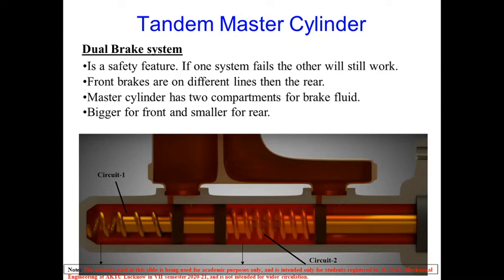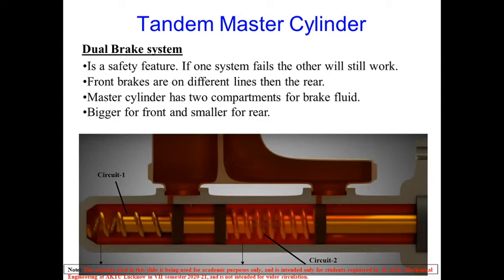We can see that there are two circuits, and in a tandem master cylinder we have two compartments for brake fluid, bigger for the front and smaller for the rear. So the tandem master cylinder ensures reliability with not much extra cost, so it is reliable and safer.